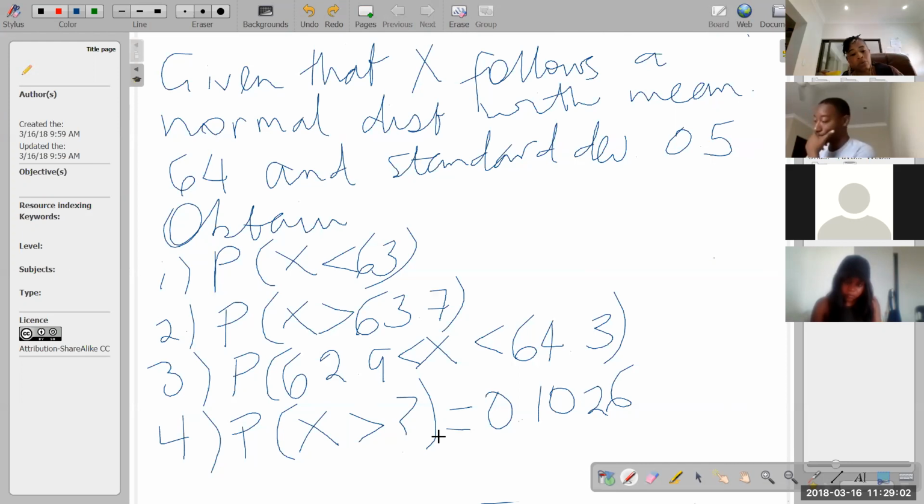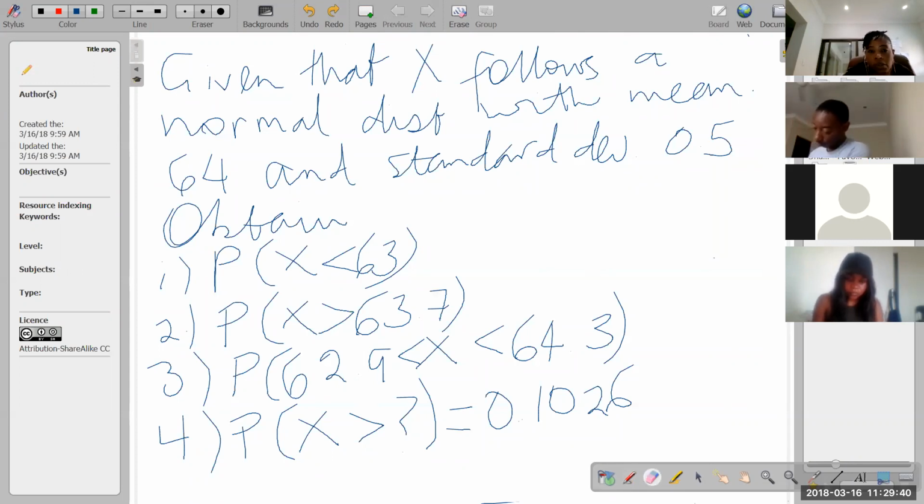So you go to your table and look for 0.1026 in the body of the table. When you check, you find that you have 0.1026 at 0.2 intersecting 0.06, and that gives you 0.26.